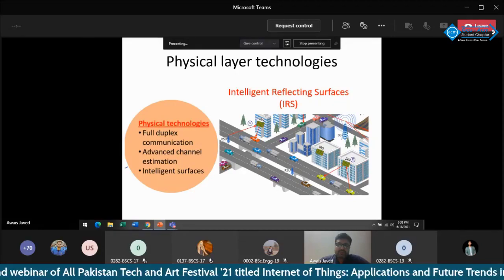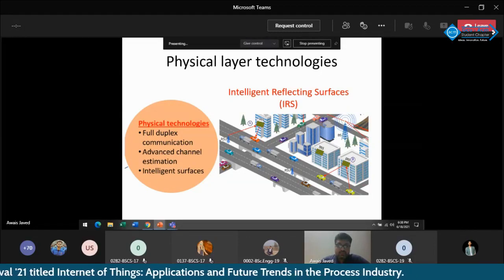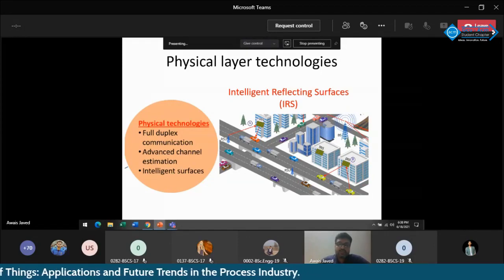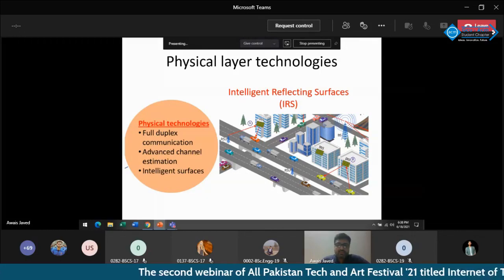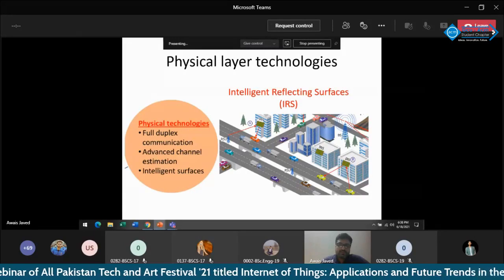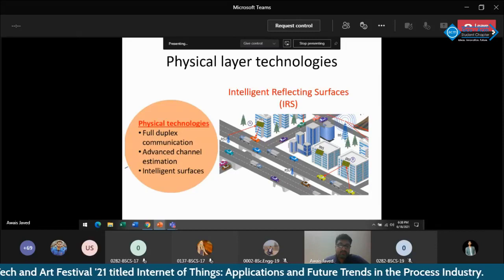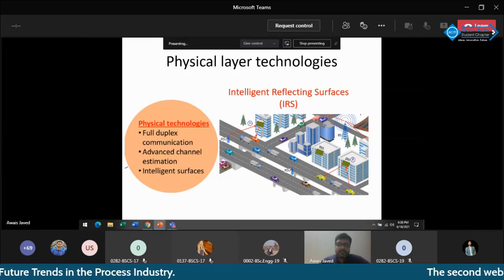The concept is they can mitigate the blockages. For example, in the scenario shown in this figure, a car connected with a transceiver is trying to communicate with a base station. You may have some blockages in between. For example, a big truck is passing, so it may block the wireless signal from the vehicle to the base station. Intelligent reflecting surfaces can overcome this problem.